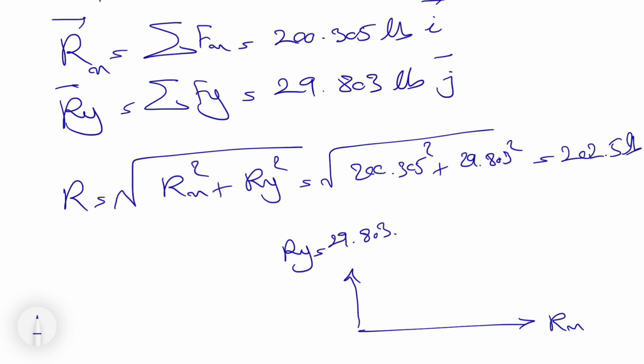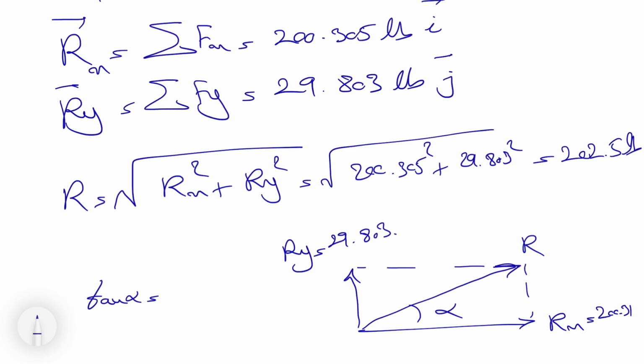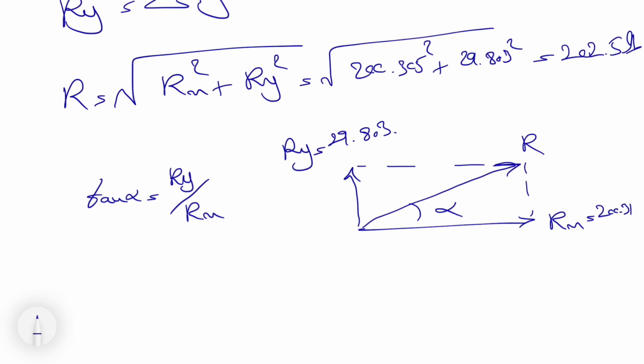And if you want to find the magnitude of R, we simply have the square root of Rx squared plus Ry squared, which is what we found in here. And for finding the angle, what we got for Rx is what we have in here, and this would be our Ry, which is 29.803, and Rx would be 200.31. And if we want to find this angle, let's call it alpha.